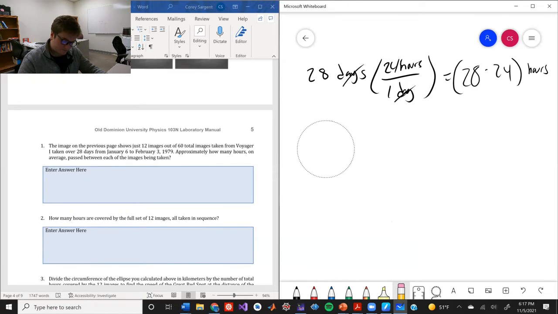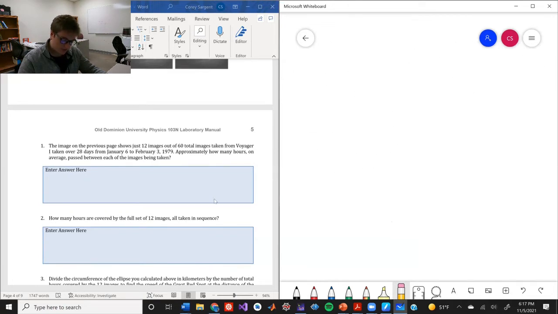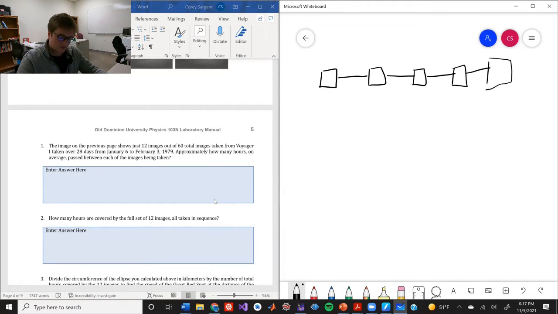So if we have a certain number of images, let's say 5 images, we take an image at time equals 0, and then some time passes, we take another image, the same amount of time passes again, we take another image, the same time passes, another image, and then we take the 5th image.